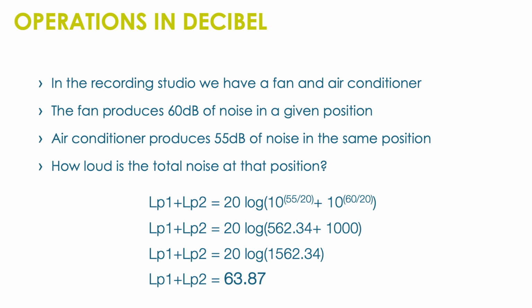So applying the formula we have seen before, the result here is 63.87 dB SPL. So this method helps engineers and scientists predict the overall sound levels in environments with multiple sources.